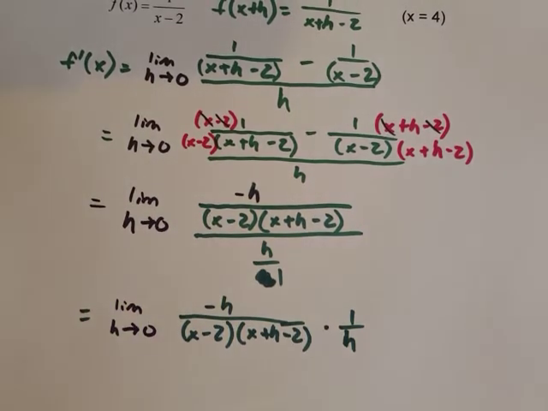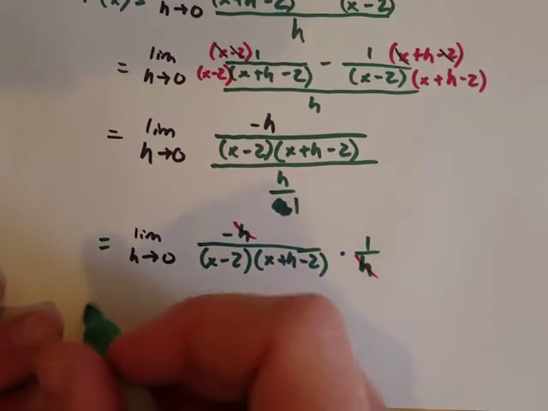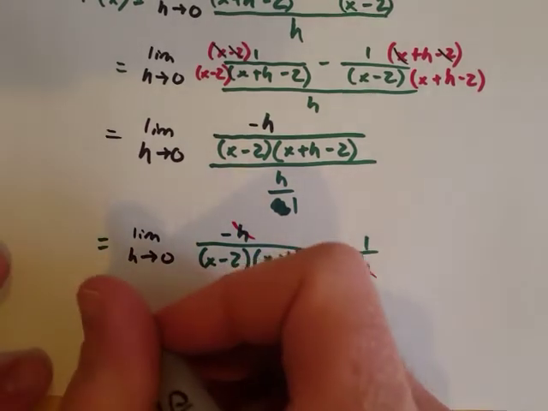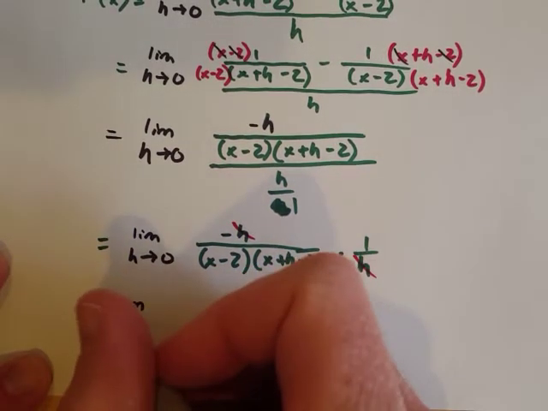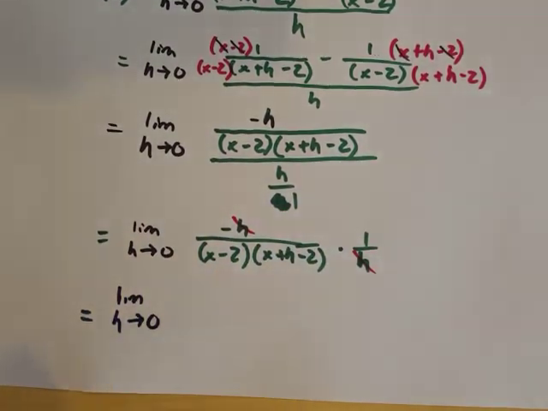And so the nice thing about this is now I can cancel out an h on top and h on the bottom. There is still going to be a negative 1 up there, but that goes in on the next line. And got to keep my limit there. I'm almost done using this limit notation. Almost ready to get rid of that.